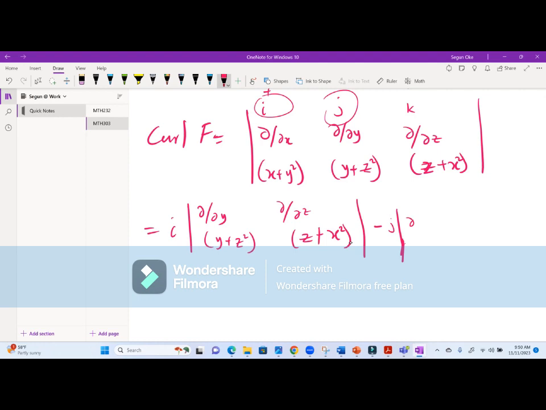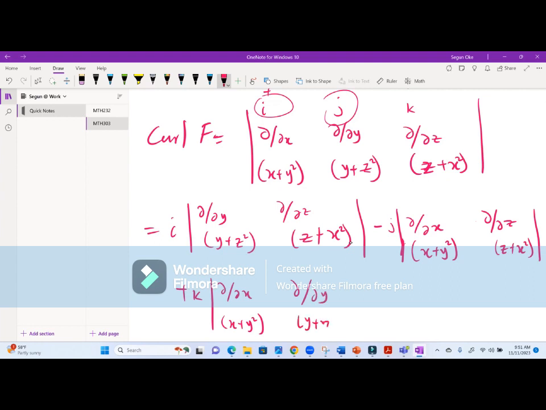It will be d/dx of x plus y squared, d/dz of z plus x squared, plus k will be d/dx of x plus y squared and d/dy of y plus z squared.